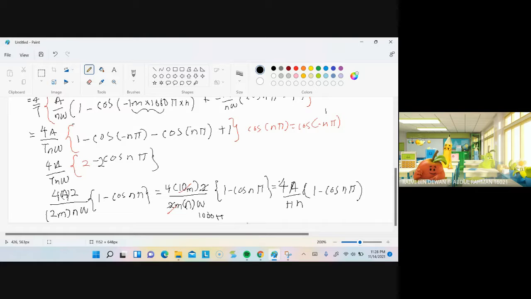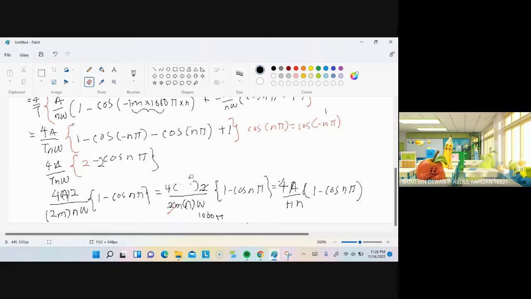Let me check first. Hopefully I didn't make any mistake. Okay, to cancel out. Actually, maybe it is wise not to change this first, because the amplitude can change.